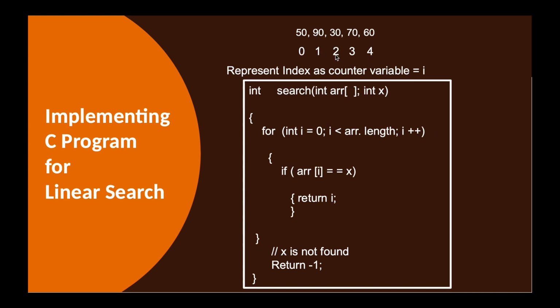Realizing that it has located the element 30, it has to equate it to X. So it will tell us that array[i], which is at index 2, is equal to 30. Then it returns i.